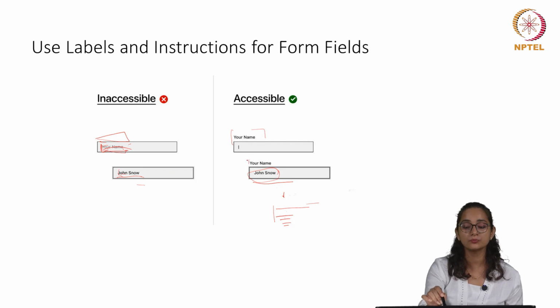So, labels will be helpful if it says education 1, education 2, then you understand that the question was related to mentioning my education, and that is why I have filled in my school detail or college detail.